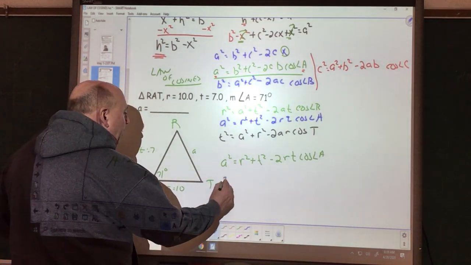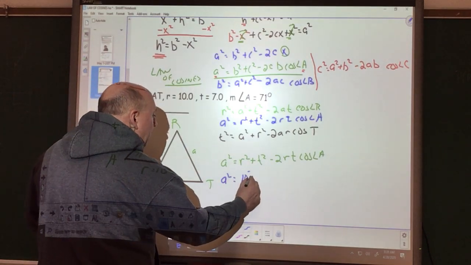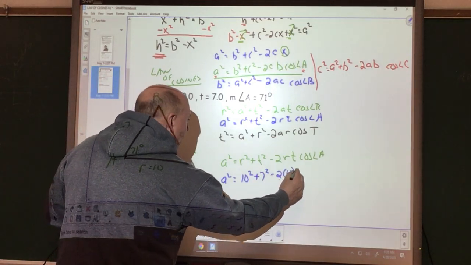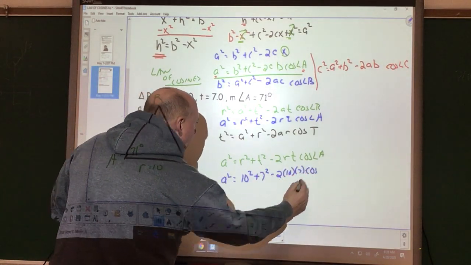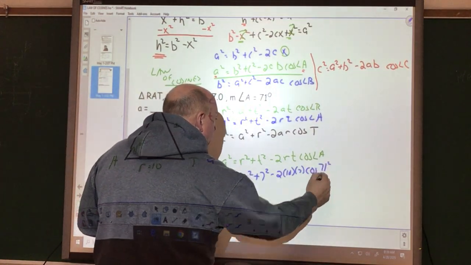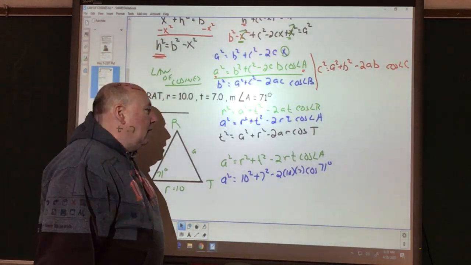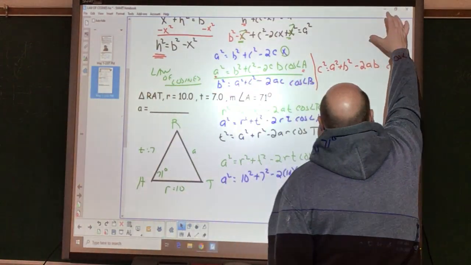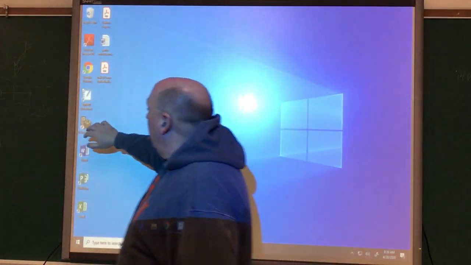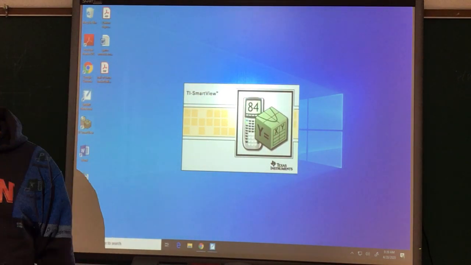We have a squared is equal to r squared, which is 10 squared, plus 7 squared, minus 2 times 10 times 7 cosine of angle A, which is 71 degrees. Now the nice thing about this is if you use our calculator, you could type this straight into the calculator.